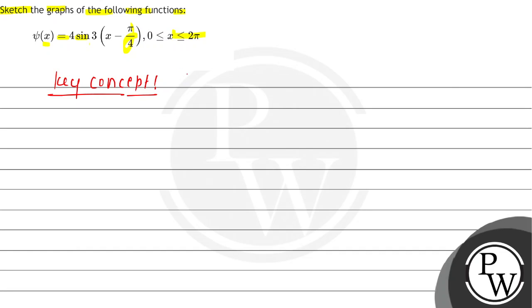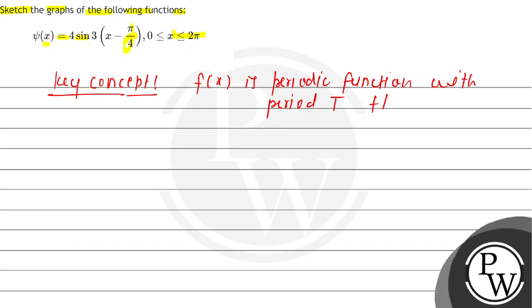The key concept here is that suppose f(x) कोई function f(x) है and it is said to be a periodic function with period T, then we can say f of ax plus b is a periodic function with period T by mod of a. So this is the formula and the key concept that we are going to use.